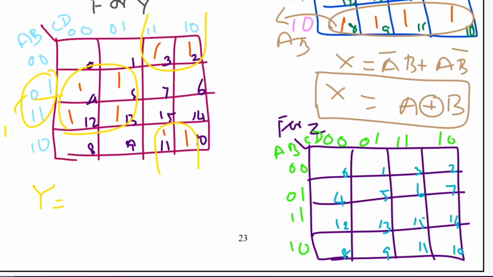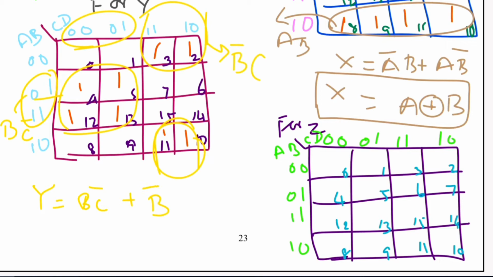See here as B and here C bar. So B C bar is one combination with here B bar C, while making both the combinations. Here B C bar plus B bar C is none other than Y is equal to B XOR C.